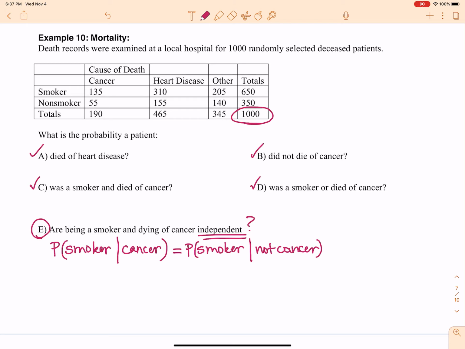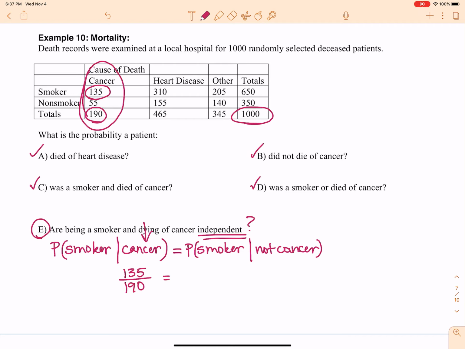I'm just looking now at these people because it's given that a smoker has cancer. So I am going to set this up just like this. And I'm going to write my fraction: smoker, that's 135, out of 190. So showing an independence problem helps you learn to set up a conditional as well.